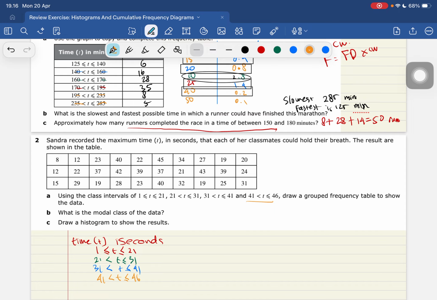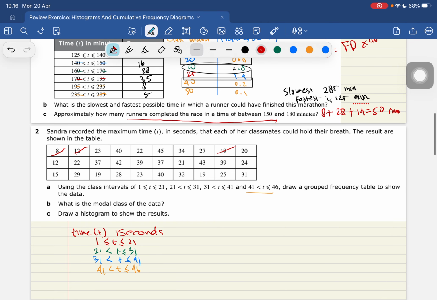Let's count the frequency. For 1 to 21, we count 1, 2, 3, 4, 5, 6, 7, 8, 9. The frequency is 9.